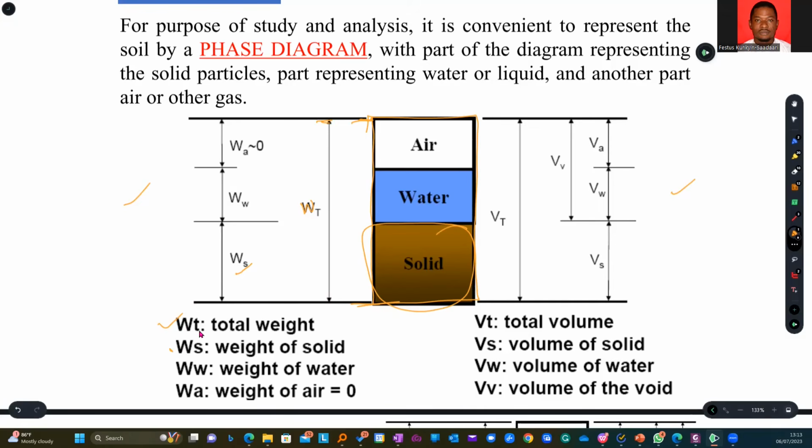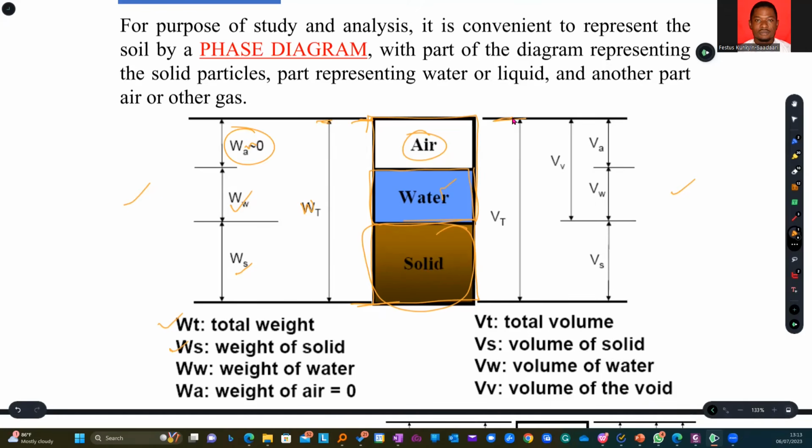Then I have the weight of the water, WW, which I can measure by extracting just the water. Because this is air and it is hard to identify its weight, we usually approximate the weight of air to be 0.